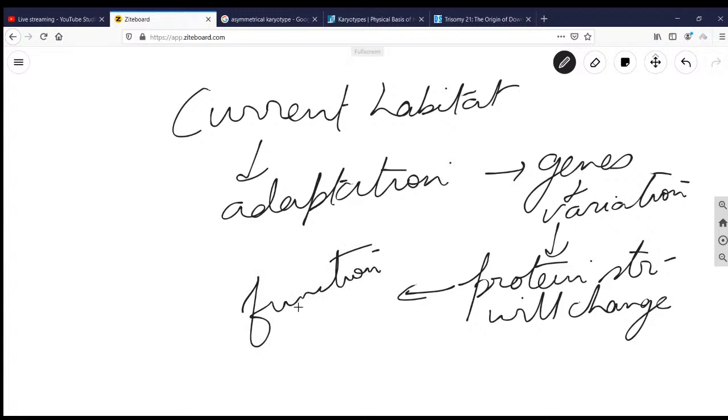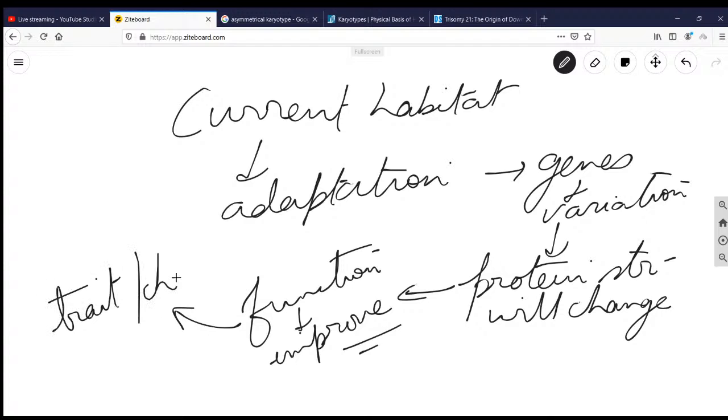Function may improve, or in some cases may regress also. It's not that every time variation is good. It may be an unfavorable variation also, but mostly it is a favorable variation. So function will improve, and therefore your trait or character will improve, that you call in genetics. And you will be able to adapt.